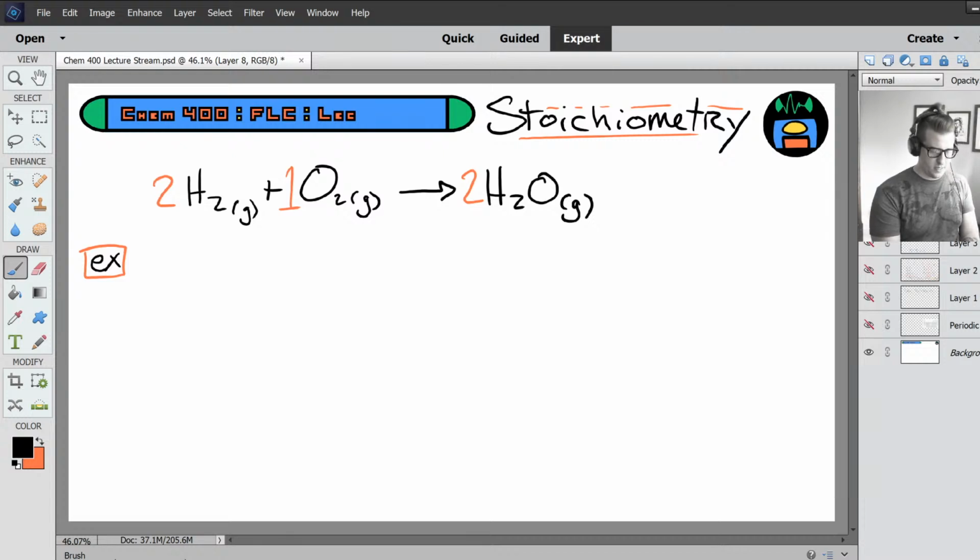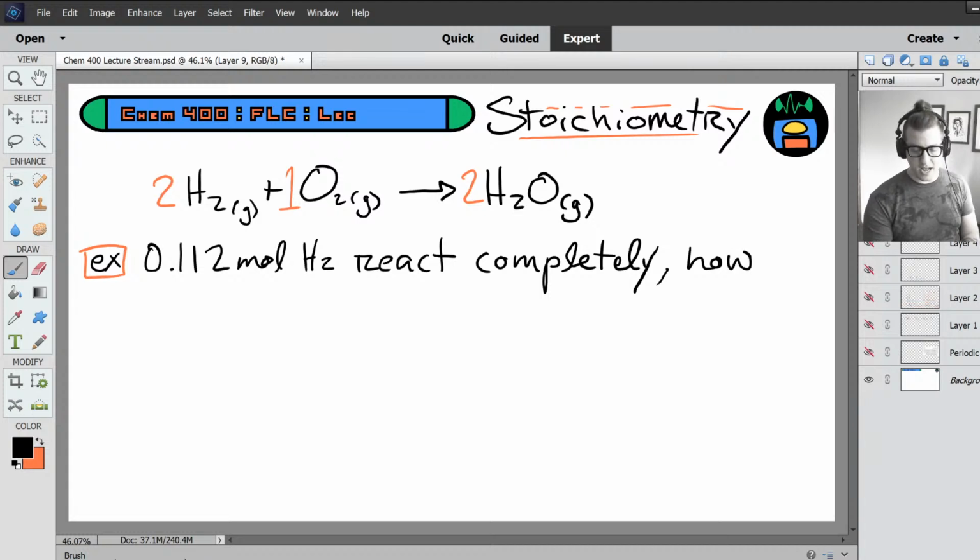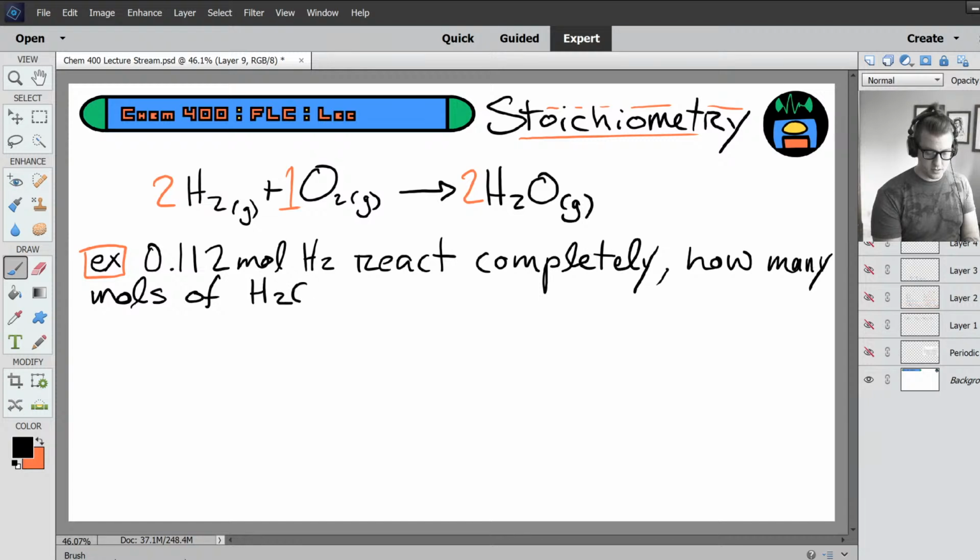If I told you that 0.112 moles of H2 react completely, I could ask you how many moles of water are produced.